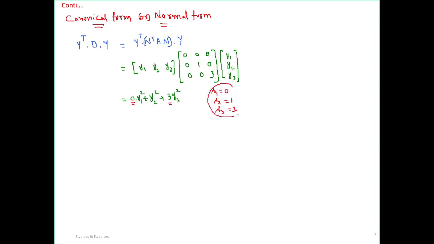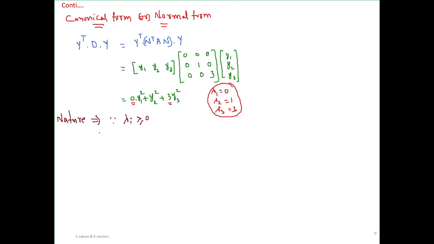This is a cross verification of your canonical form, whether it is right or wrong. Next we are supposed to find the nature of the canonical form. Since all the eigenvalues are, what kind of eigenvalues are we having? All lambda i's are more than or equal to 0. Can I write more than or equal to 0? Because lambda 1 is 0, lambda 2 is 1, lambda 3 is 3, so it takes 0 also.